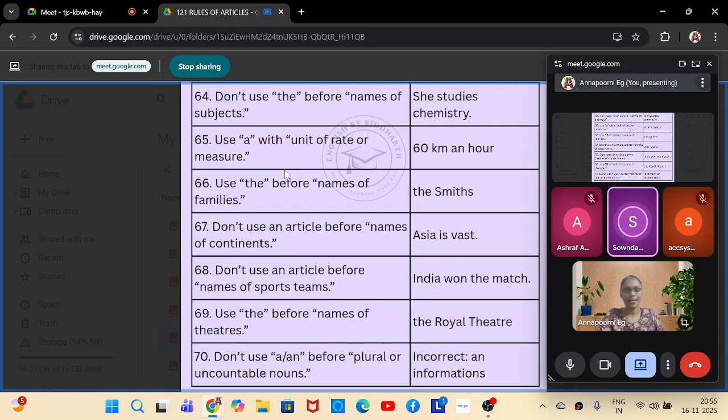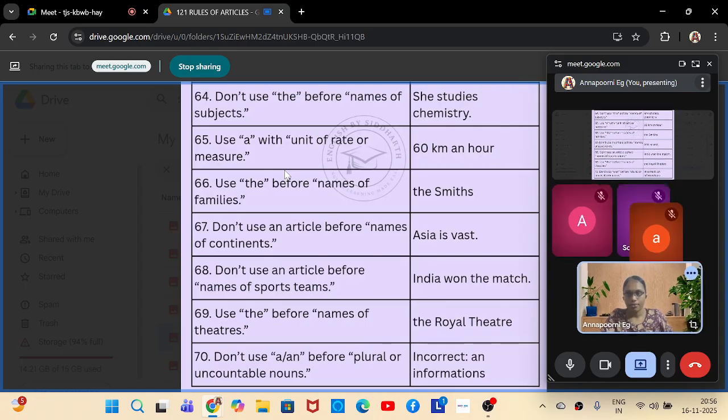It was a useful and impressive presentation. Why useful? Many people will think U is a vowel, so you have to use an. No, but you should not give importance to the letter. You have to consider the sound. So U sound is a consonant sound. So it's a useful.